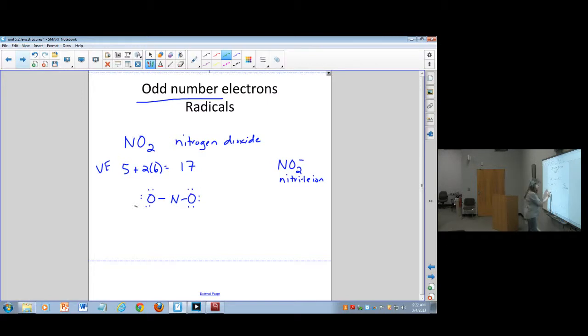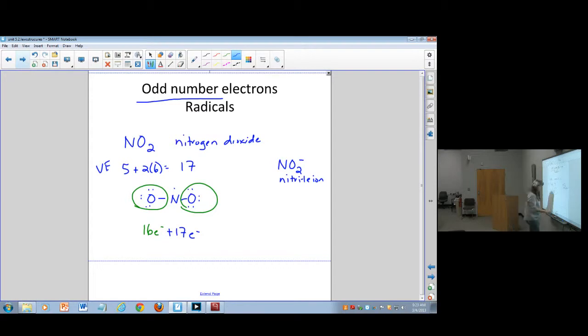I have 8, 2 times, so that's going to give me 16 electrons that I have used. All right, so now I'm going to put this extra electron on the central atom. So the radical goes on the central atom. So now I have 17 electrons.